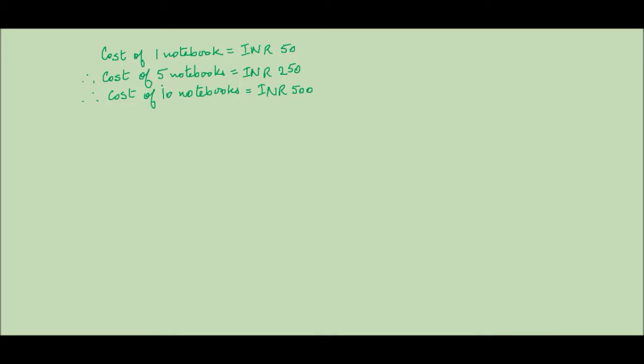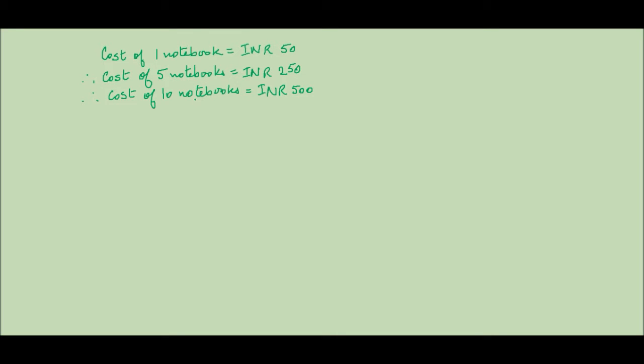The first one is the number of notebooks and the second one is the corresponding price. As the number of notebooks that we purchase increases, the corresponding price that we have to pay increases as well. So as the first parameter increases, the second parameter also increases proportionally.